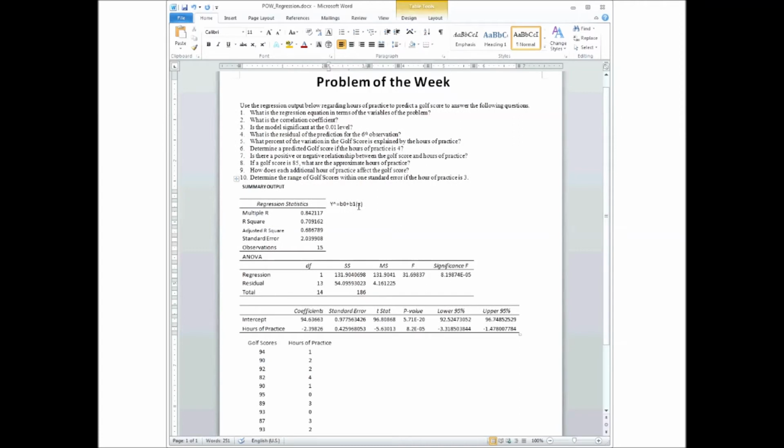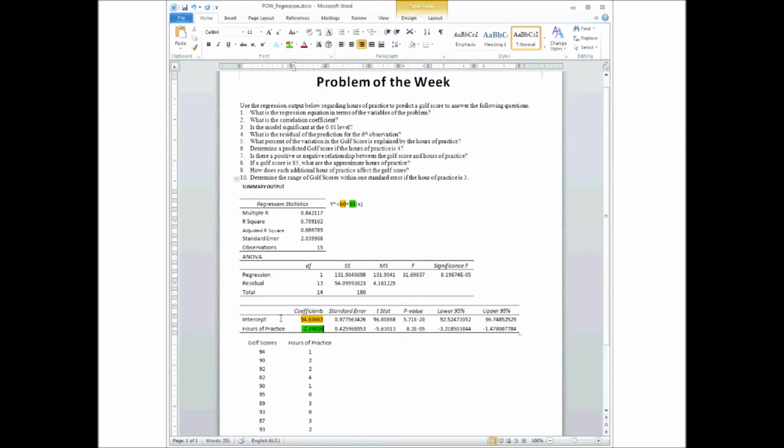You need to find out where to find your B0 and your B1. I'll color coordinate it for you. Your B0 is generally known as your intercept coefficient, and your B1 is generally known as your slope coefficient.